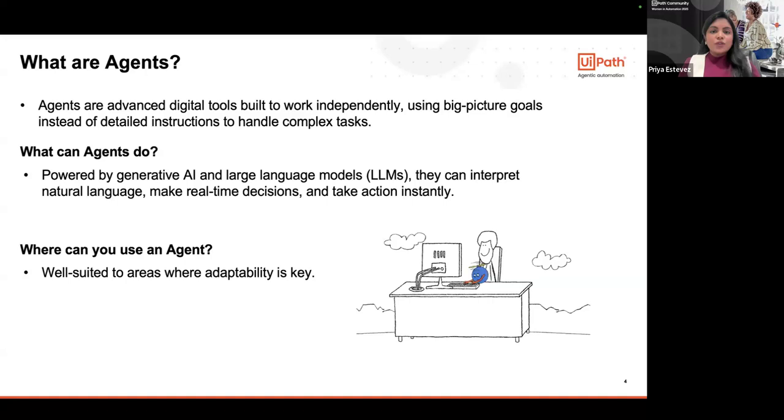You could use natural language to define your big picture, and that way they can make decisions and act instantly. And where could you use these agents? They are very adaptable to small changes, so in your process they can easily learn and adapt.